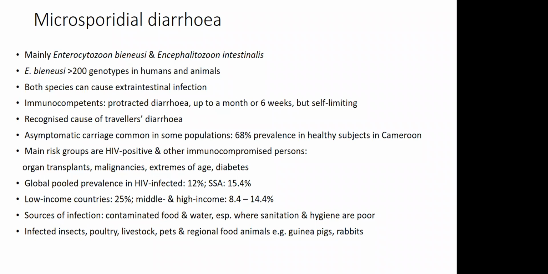There are more than 200 genotypes across humans and animals, and it's very likely that some of these are zoonotic. In other words, animal pathogens which humans can acquire. They're not dedicated to intestinal infection, because both species can cause extraintestinal infection.